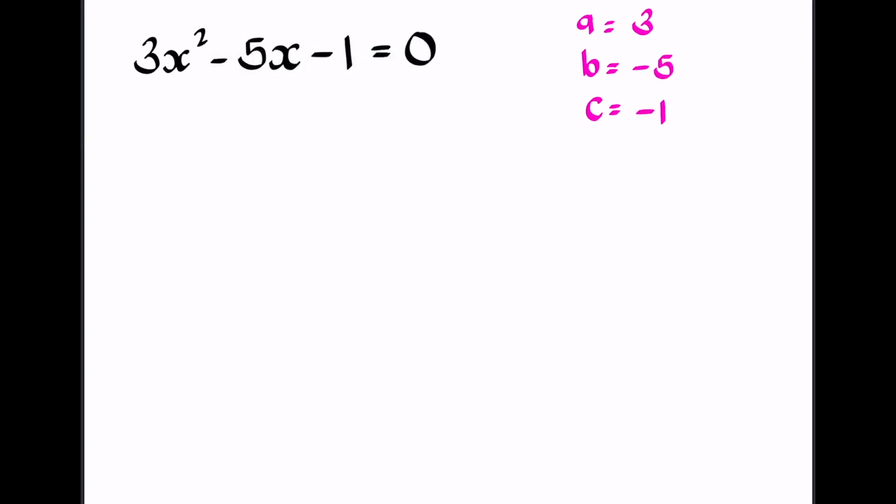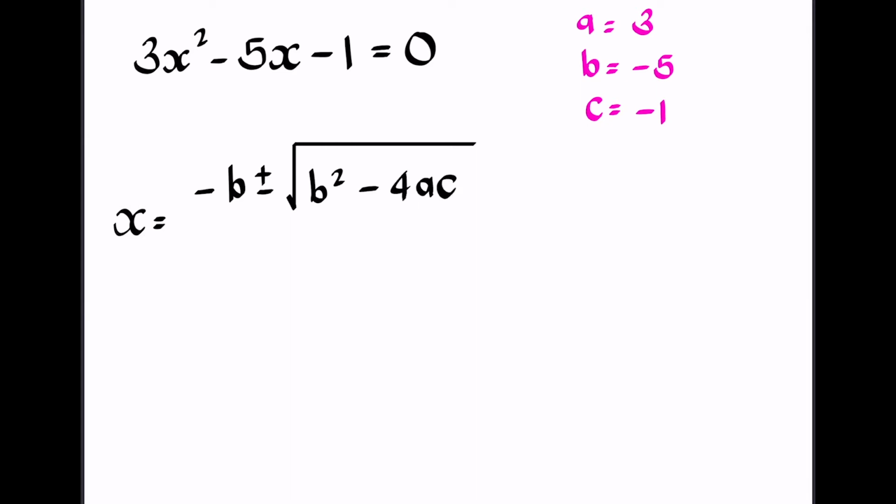Now I'm going to write out my quadratic formula. So x is equal to negative b plus minus the square root of b squared minus 4ac, divided by 2a. So that's my formula. Now I'm just going to substitute in.